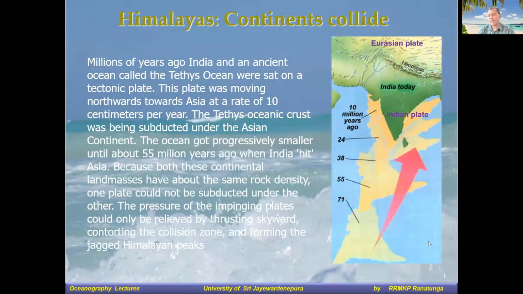And you see here, this is the Indian plate where Sri Lanka also resides. And at the top there is the Eurasian plate, where China, Burma, Pakistan, Bangladesh, all these countries are on one plate. Eurasian plate, and this is the Indian plate.